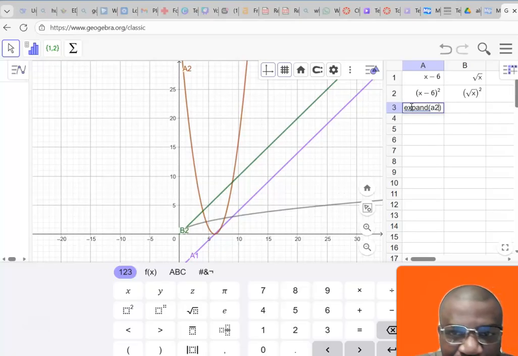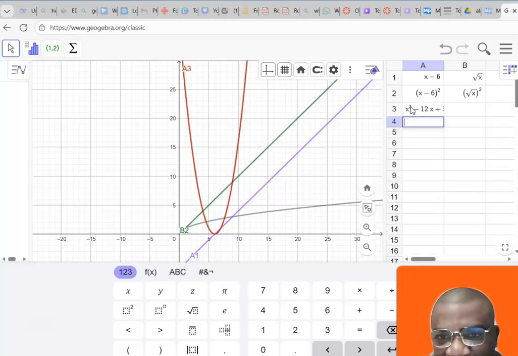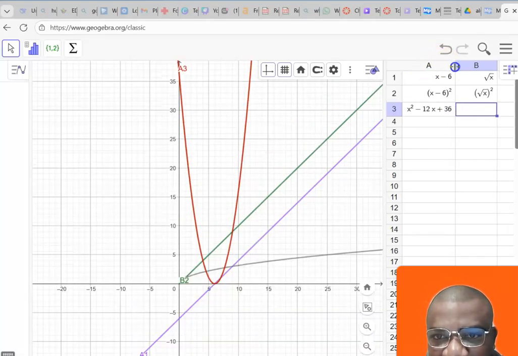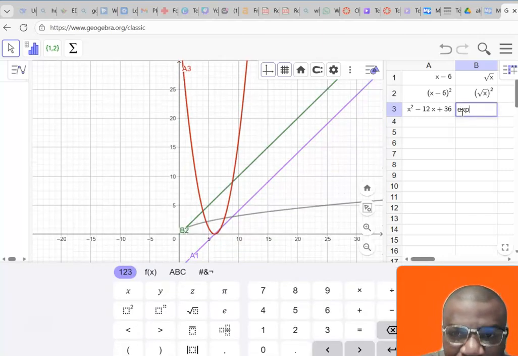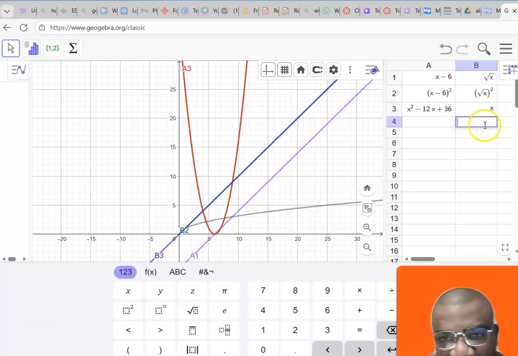Expand A2. Click enter. See, it has expanded already. So do the same here: expand B2. Click enter. So it's expanded.